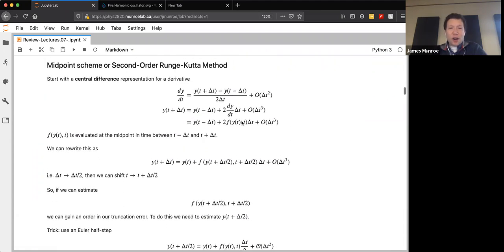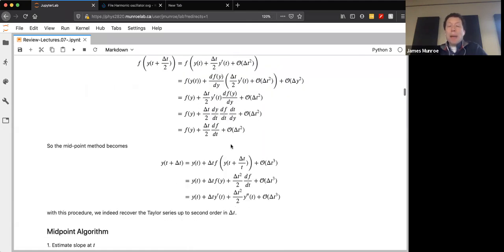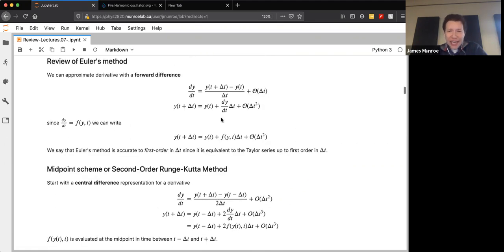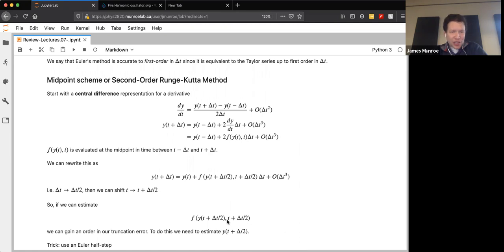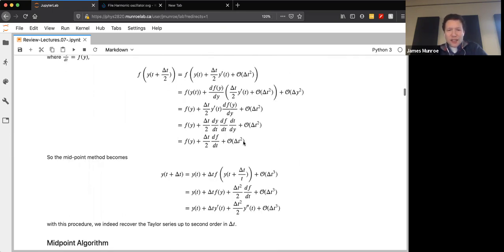This is a longer derivation. This is the one for the midpoint scheme for second order Runge-Kutta. This is too long to memorize. I can't really see myself asking this particular question on the final exam, so let me just take a look at it for a second. This one starts with the central difference, and we proved that it was a delta t squared sort of method.